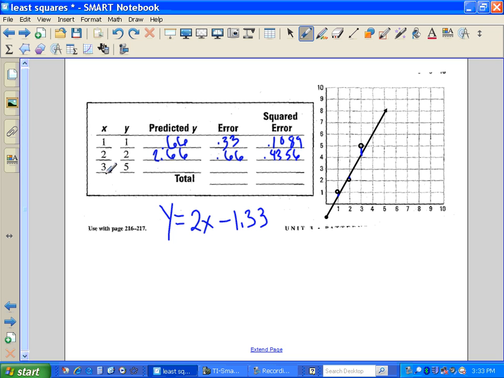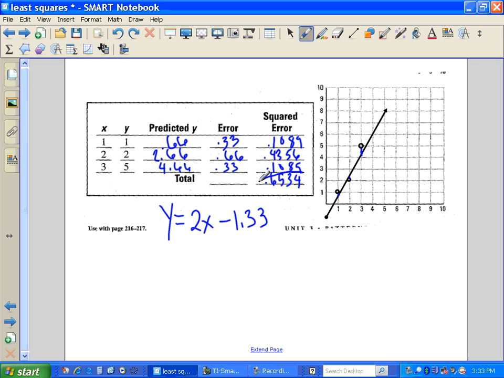When you plug in 3, you actually get 4.66. That from 5 has a difference of 0.33. Squared is another 0.1089. The sum of these numbers, notice they're all decimals. When we add them, it's 0.6534.